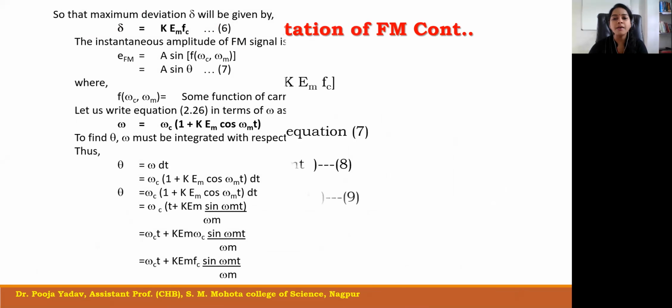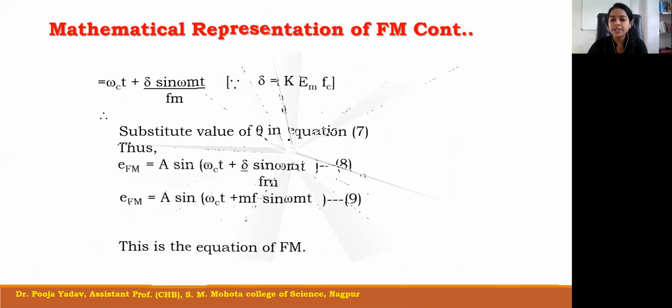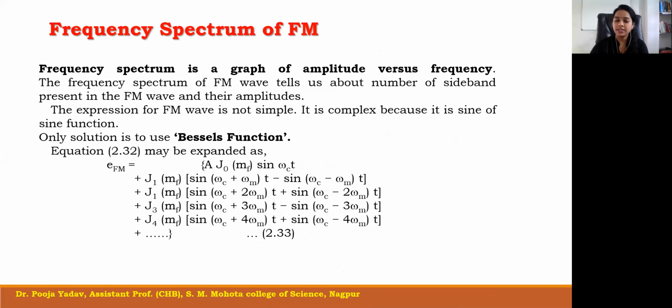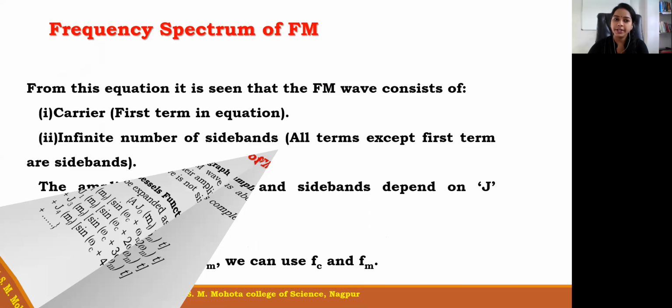So what we will have? We will have a number of side bands in frequency modulation, which are given by basis function. So each sideband equation is defined here. This equation is giving you nothing but the sideband equation for the instantaneous amplitudes of modulating signal.